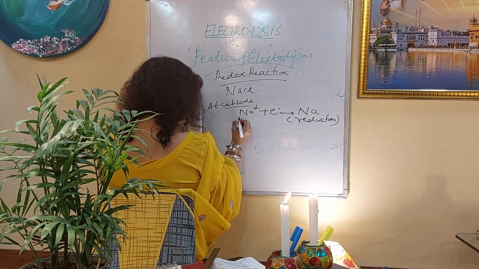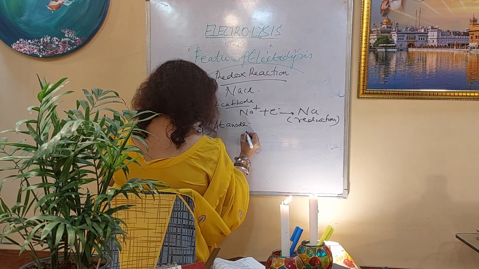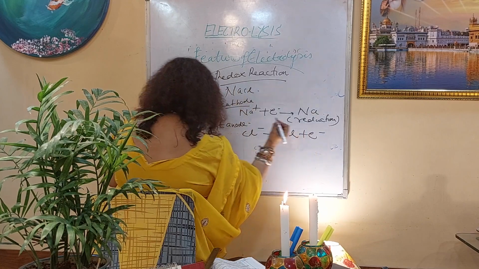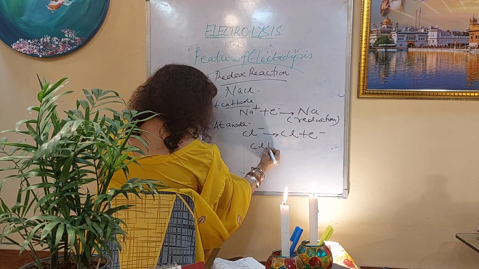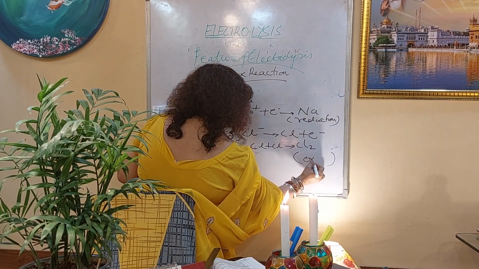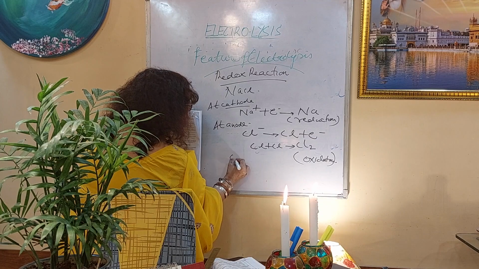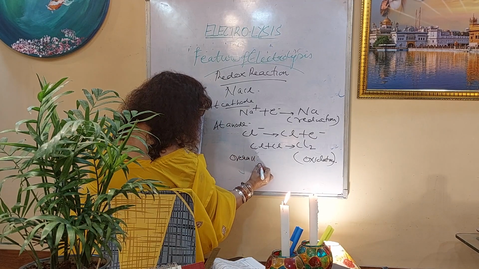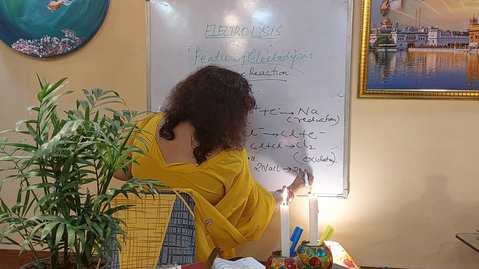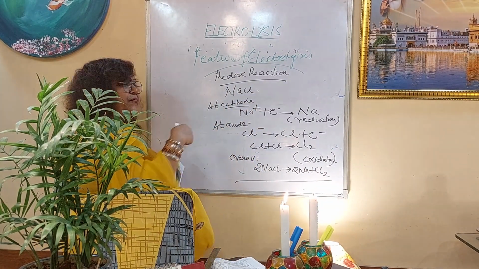Then at anode, Cl minus loses an electron to become Cl, and Cl plus Cl will become Cl2. This is oxidation. And the overall reaction is 2 NaCl will give rise to 2 Na plus Cl2. So this is a feature of electrolysis.